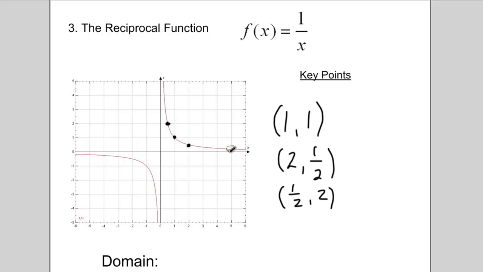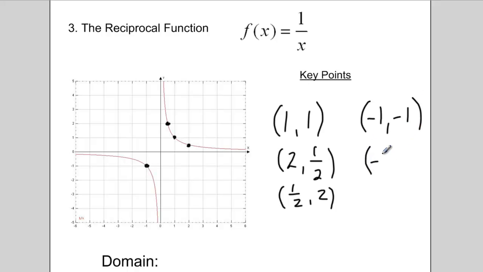But that's just one of the 2 curves that are associated with this function. There's also the ones where they're all negative. So those key points are going to exist too. So if x equals negative 1, well, 1 divided by negative 1 is equal to negative 1 right here. So y would equal negative 1.